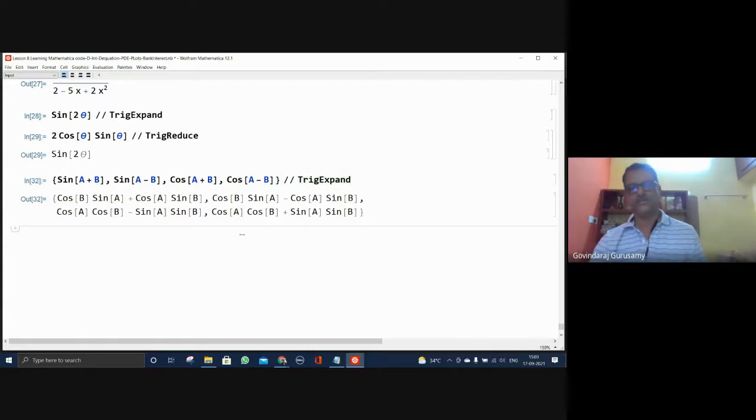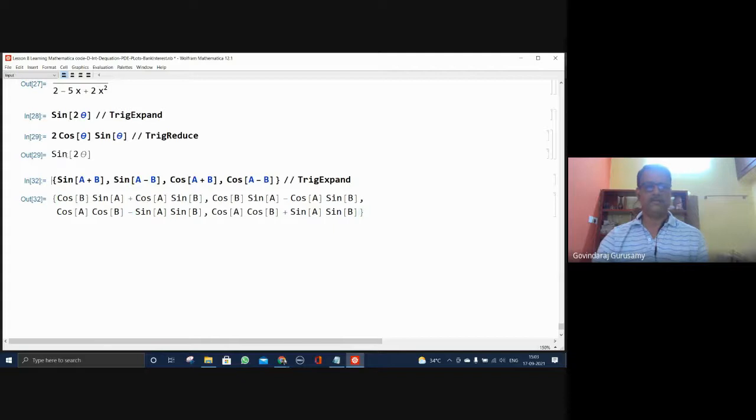This is what the result is. So we have the sine of A plus B, sine of A minus B, then cos of A plus B with a minus sign here, cos of A minus B with a plus sign here.